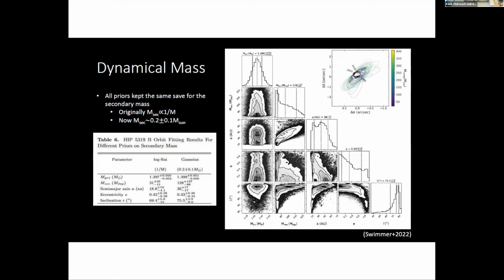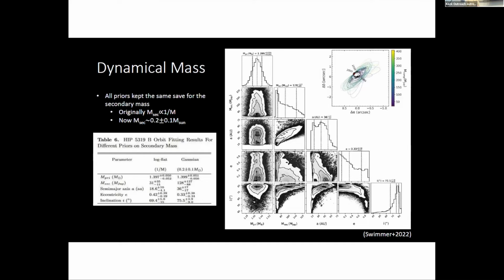However, we do see that if you look at the posterior distribution, we still do actually have a peak likelihood in that 40 to 60 Jupiter mass range. And so while we're not able to conclusively say that this is a low mass brown dwarf or an intermediate mass brown dwarf rather, we are able to with confidence say that it is a somewhat low mass companion.